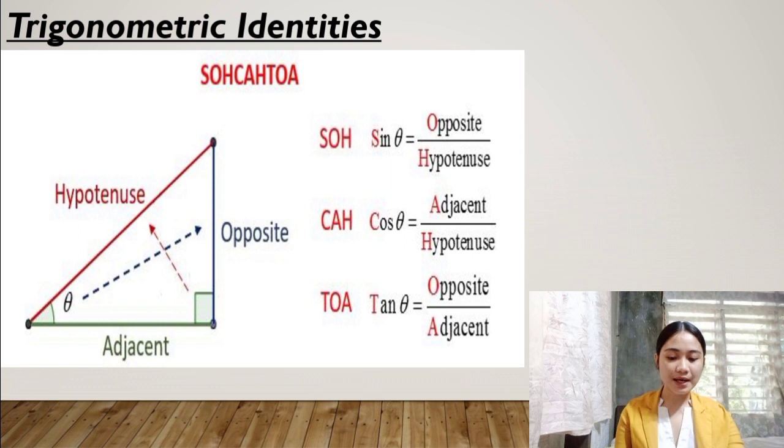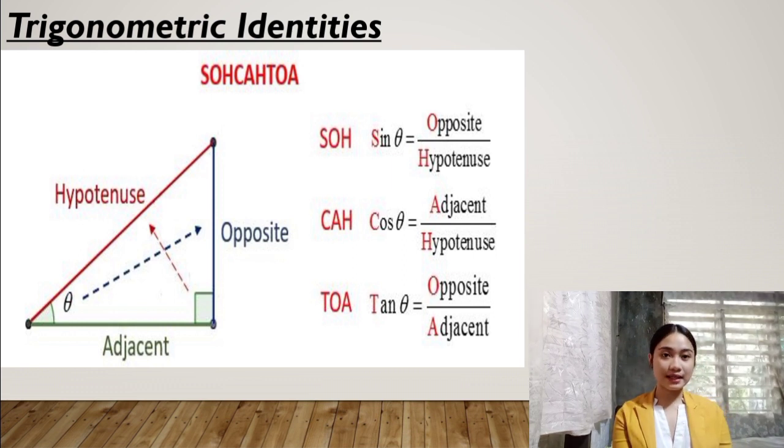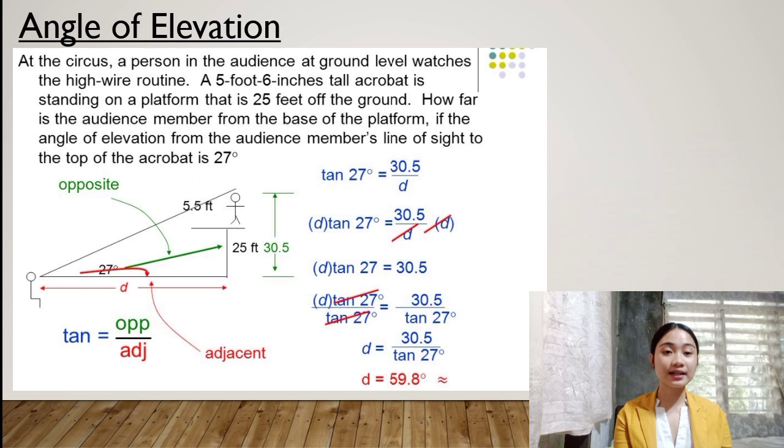And then, yung sa baba naman is the adjacent. And then, pataas or the height is the opposite. Alright. So, ito yung gagamitin natin to solve the elevation and the depression, the SOHCAHTOA.